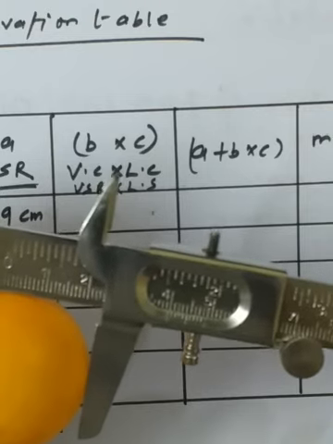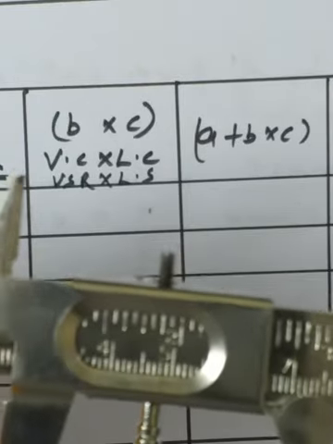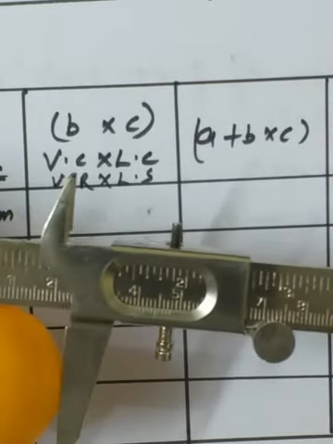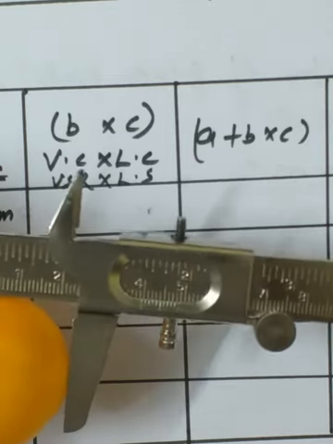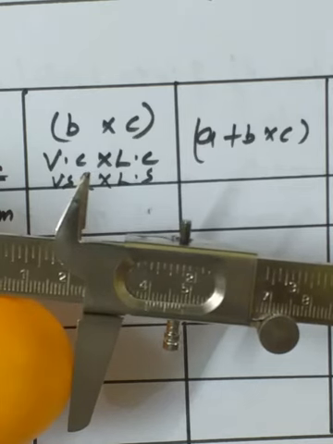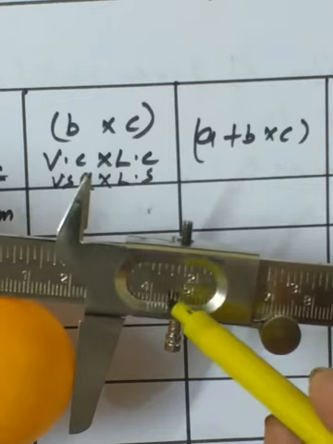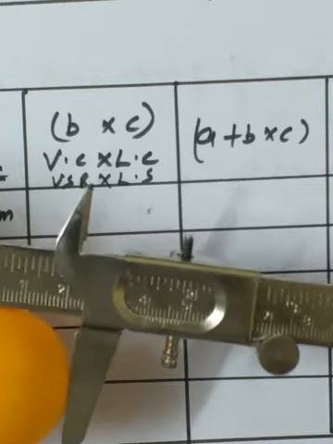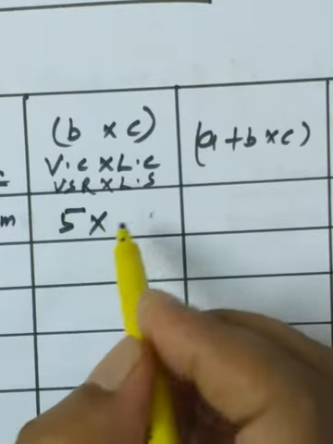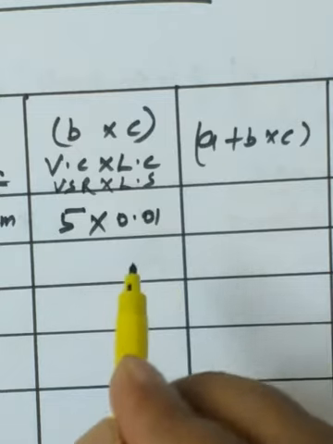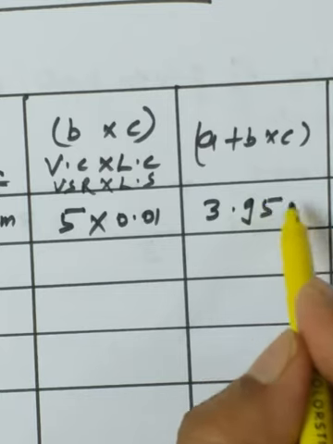I have zoomed in a little so you can easily grasp it. Here the fifth line of the vernier scale matches very best with the main scale, so I can take the vernier constant as 5, multiplied by 0.01. Simplifying, it comes to 3.95 centimeters.